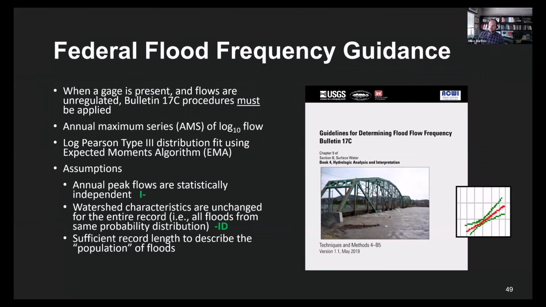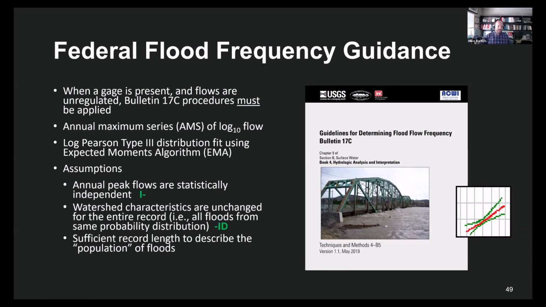In the US, we use analytical methods to make those estimations. And this is very, very common practice throughout the world, where analytical methods are used to infer the relative likelihood of floods happening. But the very specific thing to the US is that we have these guidelines published in a document called Bulletin 17C that people should follow in these different types of studies, where we fit a specific distribution, a log Pearson 3 distribution, with a specific fitting method, the expected moments algorithm.